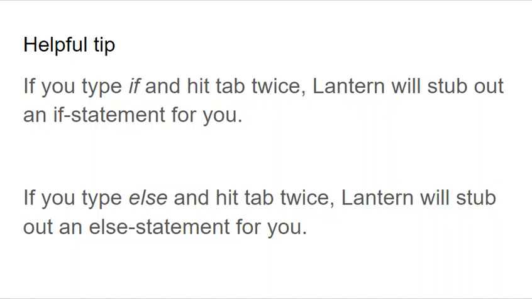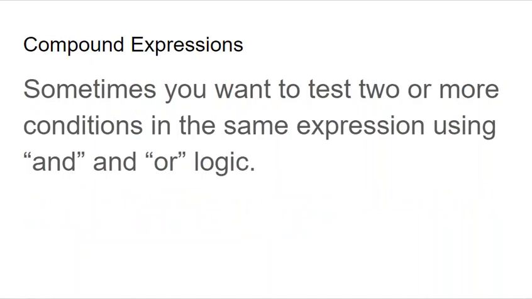And I know I haven't talked about else statements yet, but the idea is Lantern has these little shortcuts built in that will make sure that you have the correct syntax, right? You've got your parentheses with the curly braces following it. One of the things that people do all the time is they get their curly braces out of whack. They forget one, and then they get an error and they don't know what to do. But if you let Lantern write code for you, then you won't have those problems.